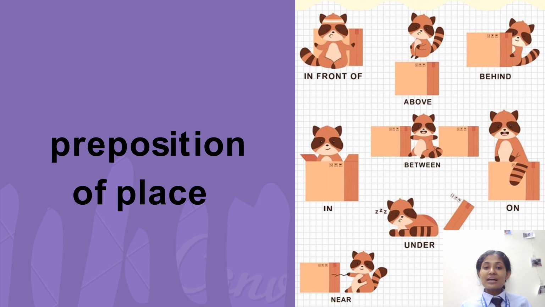Like for example, the clouds are above the sun. So that is above. And one more thing, above comes in preposition of place also, and preposition of direction also. Now in this cartoon we can see that this cute raccoon is behind the carton. So behind. Now these are what? These are prepositions of place.